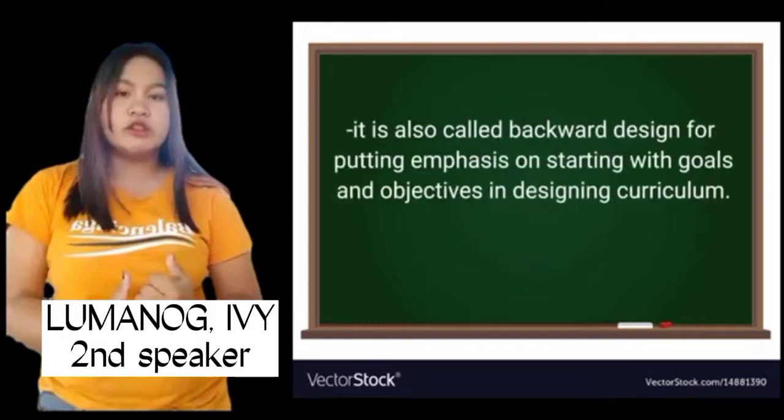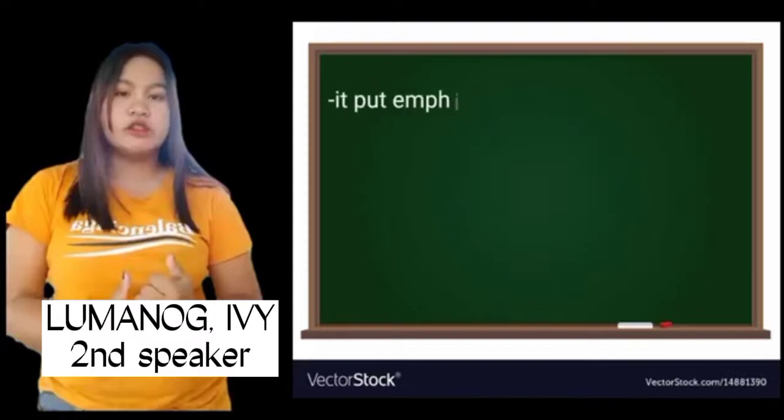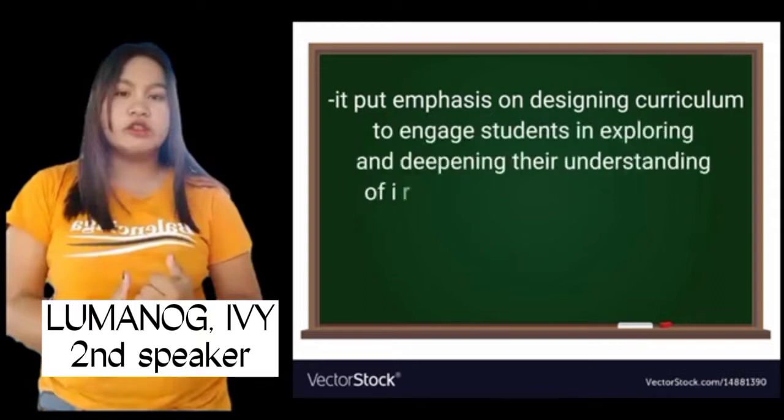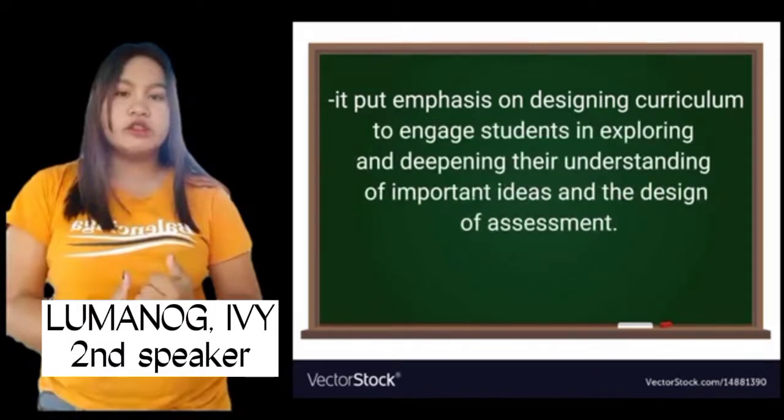It is also called backward design for putting emphasis on starting with goals and objectives in designing curriculum. It puts emphasis on designing curriculum to engage students in exploring and deepening their understanding of important ideas.